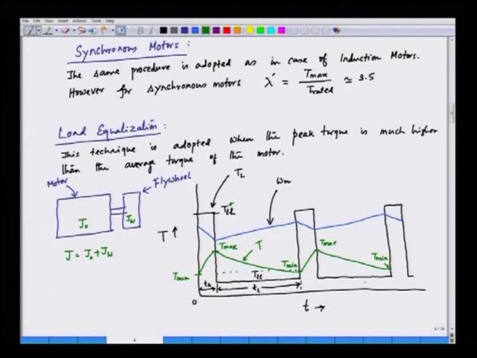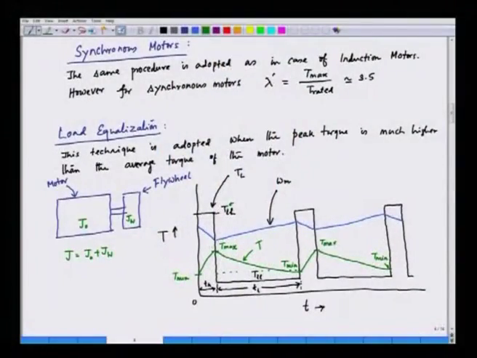The motor torque, as we can understand here, is not the same as the load torque; it is much less than the load torque. In the high load region it is increasing, but not exactly reaching the peak load torque, that is T LH. In the low load region it is not going as low as T LL, and the differential torque is basically absorbed or catered by the flywheel.